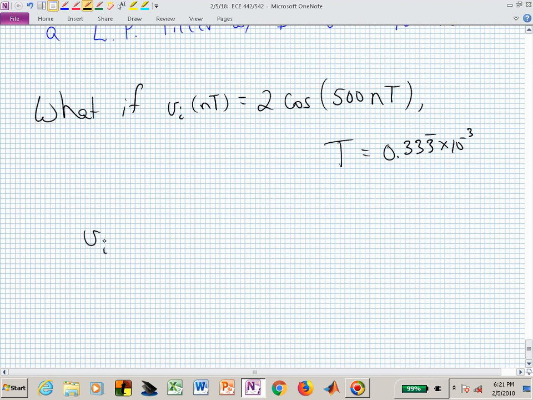Or V sub I of nT is, now we can multiply 500 times 1/3 times 10 to the minus 3, and we end up with 2 times cosine of 0.1667 n.